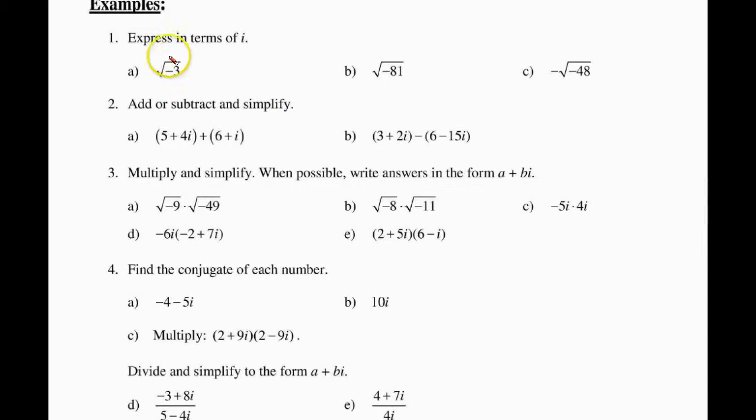So we want to write this in terms of i. So often what we do is we say the square root of -1, that's your i, times the square root of 3. So we convert this to i times the square root of 3. Now, by convenience, we often put the i in front of something like this.